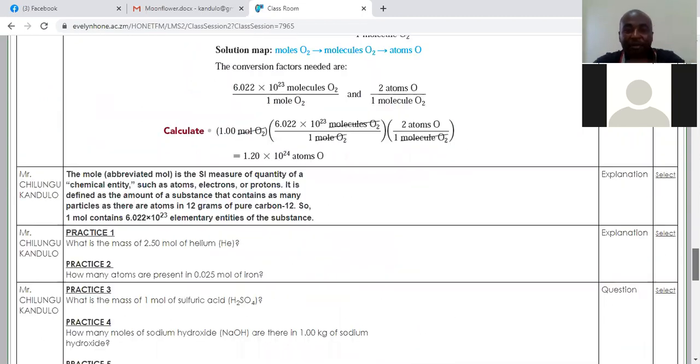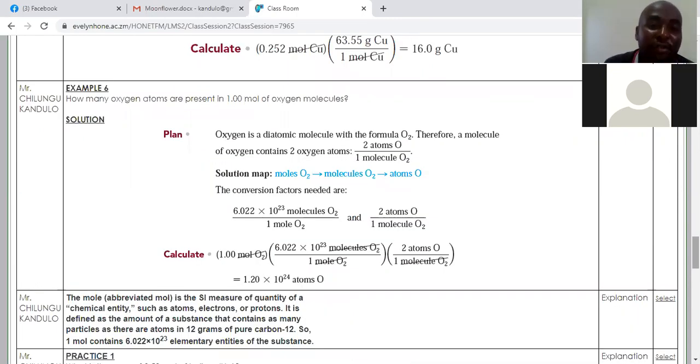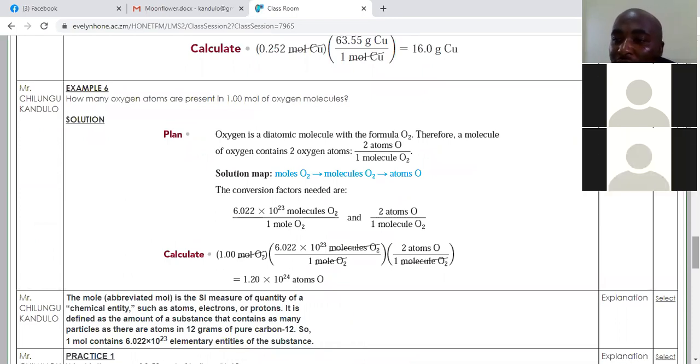The last example is the only one which is a bit tricky, because they are asking us for the number of atoms in 1 mole of oxygen molecules. If you remember, we said oxygen is a diatomic element, so it has diatomic molecules, meaning the molecules of oxygen are O2. So we find the molecules.